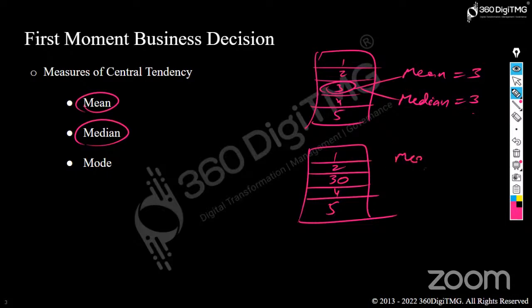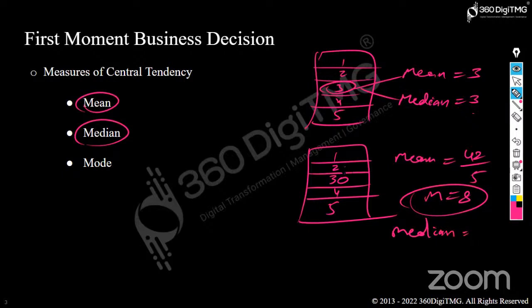What is the mean value for this? 1, 2, 4, 5, 30. So 42 divided by 5, so it will be 8. Assume that mean value is 8. Now what is your median value? It is not sorted, but sorted it is 1, 2, 4, 5, 30. So it is 4.